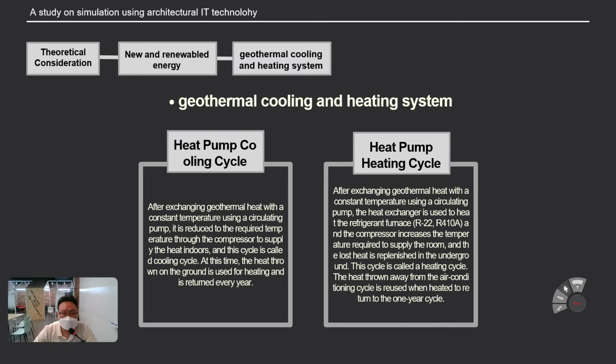Okay, the next is the cooling and heating system. This is the heat system: the cooling cycle and the heat pump heating cycle. It exchanges geothermal heat, which has a constant temperature, using a circulating pump. The temperature is raised through the compressor to supply heat to the room.